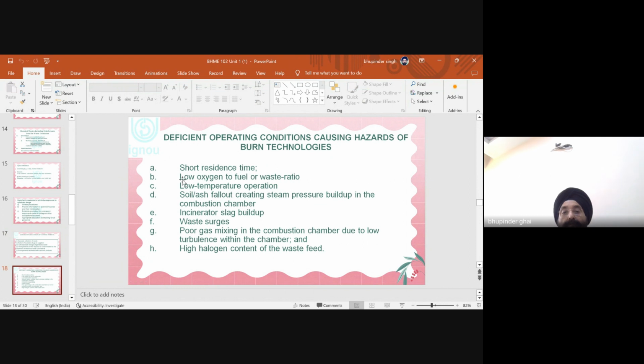Because of the low oxygen, the temperature which is required in the incinerator will not be reached, because there is not sufficient or proper fuel. And when the biomedical waste is burned at a low temperature, there will be release of toxic gases.